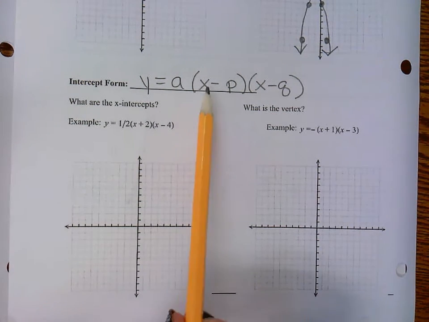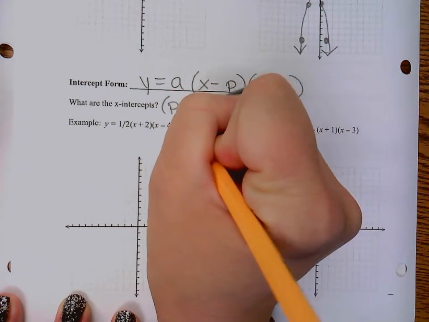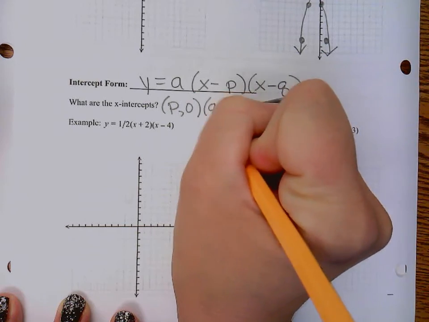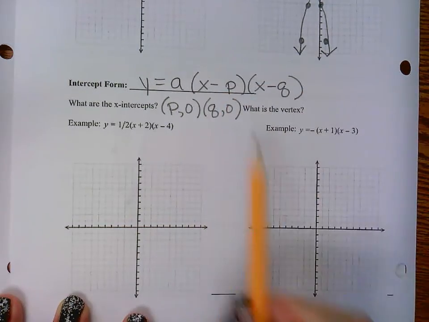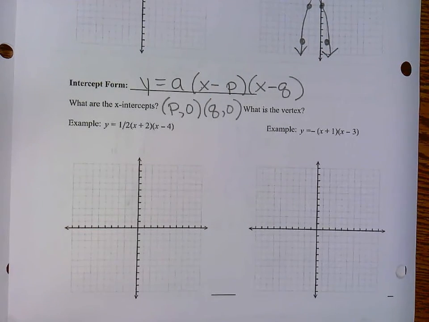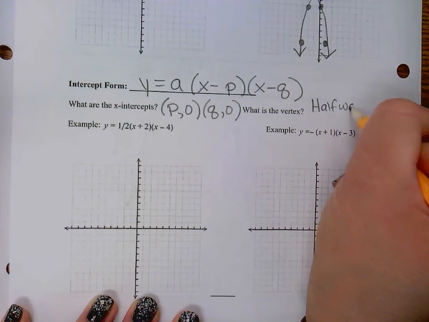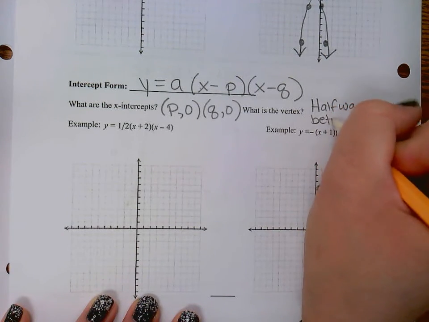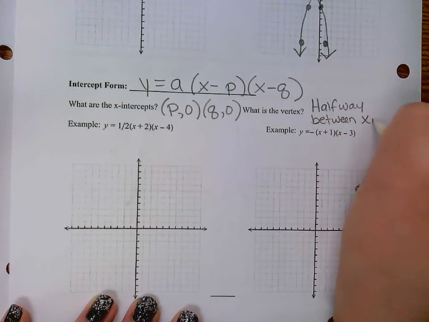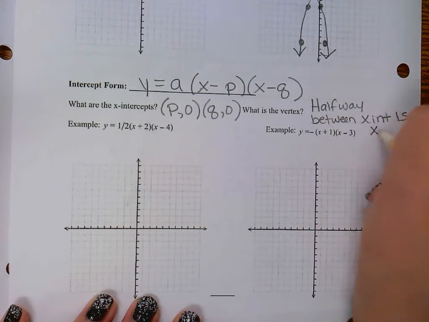And because it's in factored form, it tells you the x-intercepts are (p, 0) and (q, 0). If you plug in p, p minus p is 0. It gives you an x-intercept. And the vertex is halfway between the x-intercepts, is the x value.